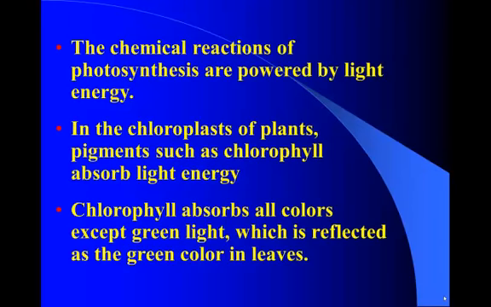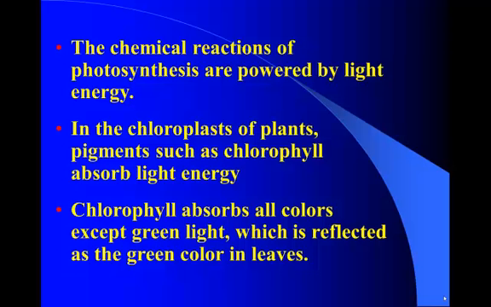The chemical reactions of photosynthesis are powered by light energy. In the chloroplasts of plants, pigments such as chlorophyll absorb light energy, but so do the other pigments. Chlorophyll absorbs all colors except green light, which is reflected as the green color in leaves.